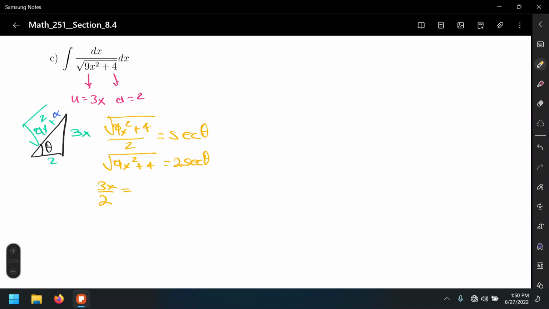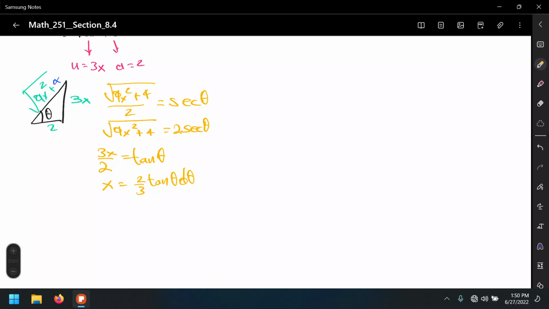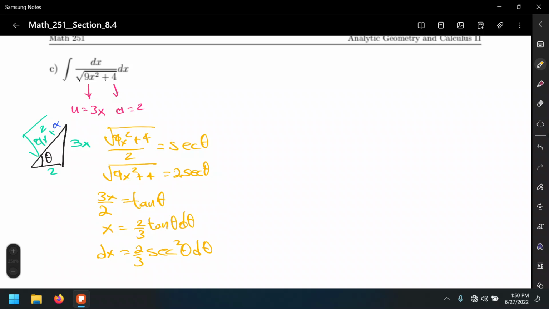Tangent this time. Okay, let's solve for x. And in this case, dx, the derivative, what's the derivative of tangent? And we have everything ready to do the substitution.